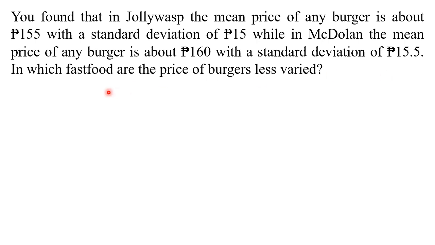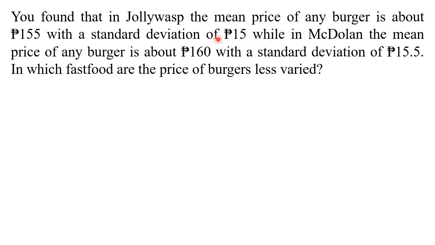Now, in which fast food are the prices of burgers less varied? Say, for example, you only have a limited budget, so you want to find out which of these two fast foods can have variations of the prices of burgers which are very, very close to one another.